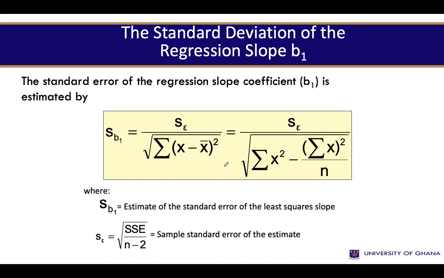This looks like a lot of formulas and a lot of things to grasp, but we need all of this to go through what we need to do and to get a good understanding. So in finding the standard deviation of the regression slope, we can estimate it using the standard error that we found, divided by the square root of x minus x bar, all squared.